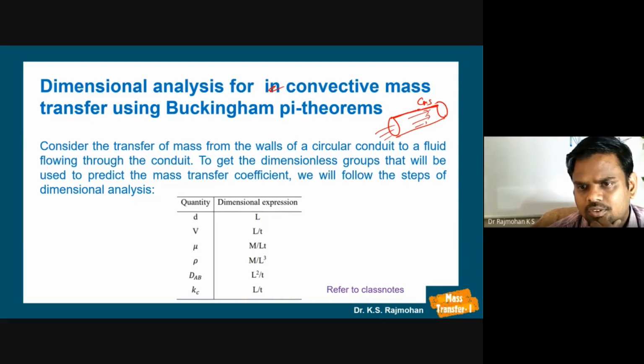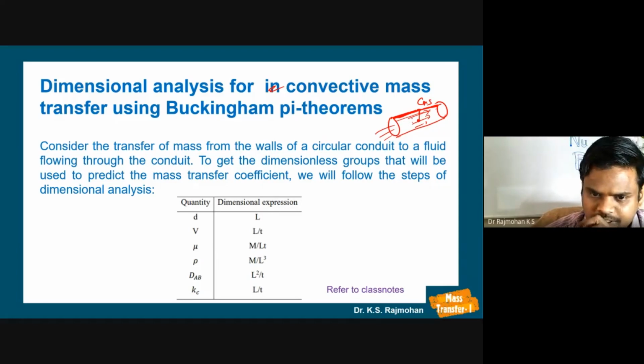In the fluid the concentration is less, so there is a concentration difference between the surface and the liquid. So mass transfer is taking place from the solid surface to the bulk of the liquid. There we assume a thin film on the surface, and then we determine the mass transfer coefficient in that thin film.